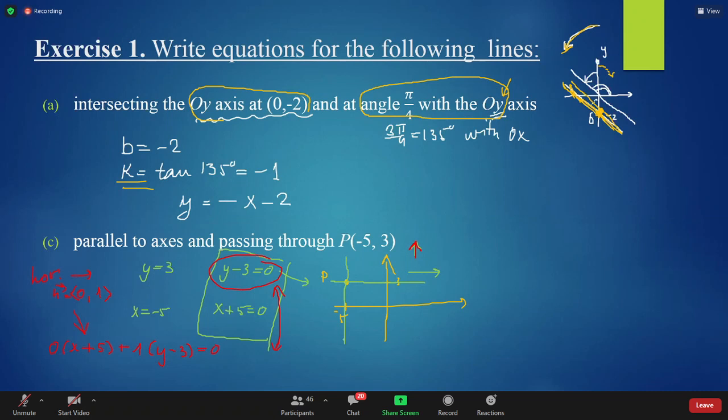So in principle, yes, it is possible to find the normal vector of this line, to write the equation using the normal vector equation and the point, and then simplify. But as I said, if you can do it in a simpler way, then you should do it in a simpler way.